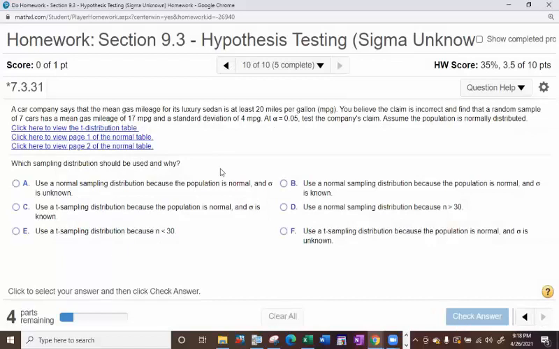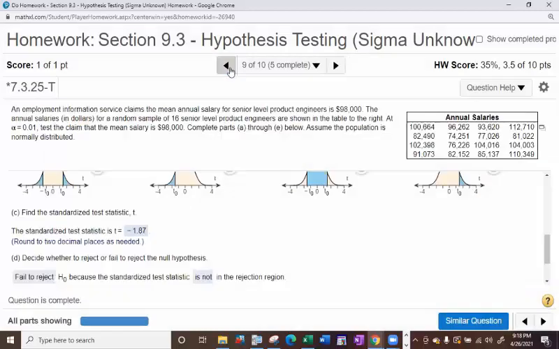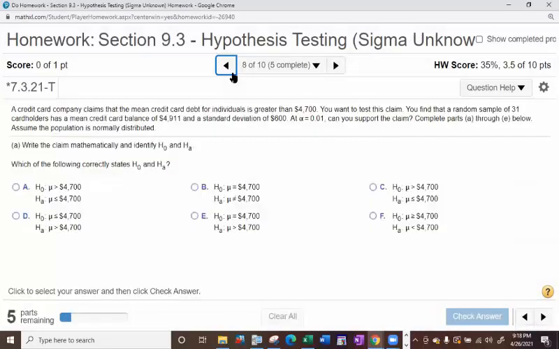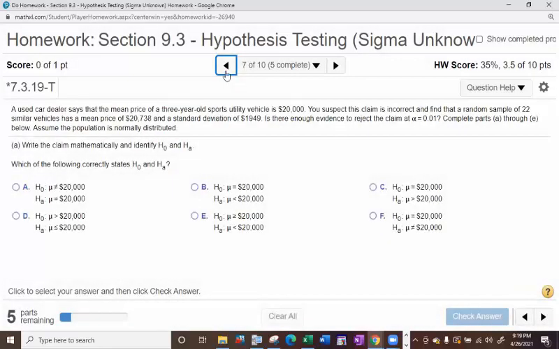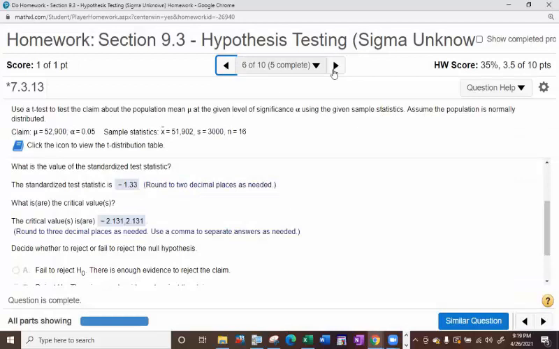Let me go back. Maybe I could do this one that I skipped over earlier. So I was going to do one of these, this one, or something else. I did that one, so I don't know.